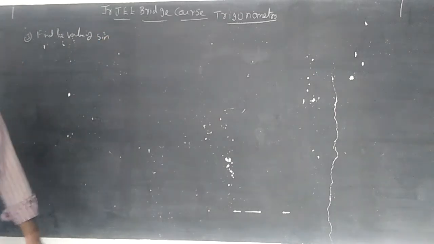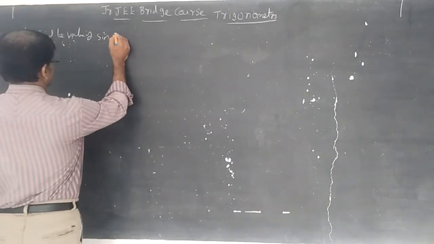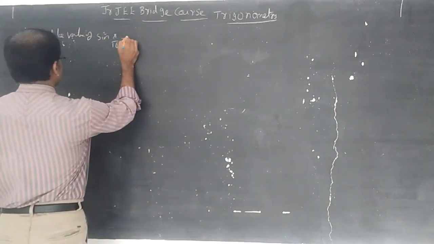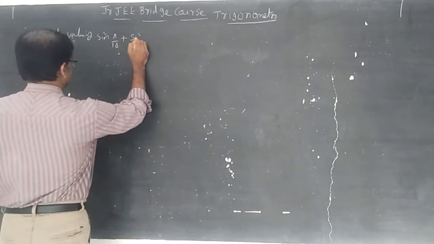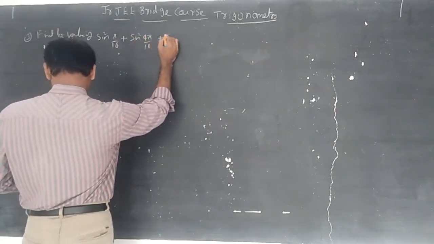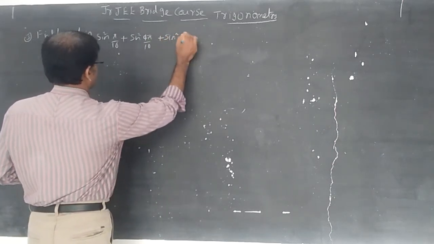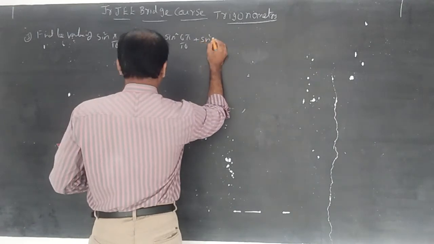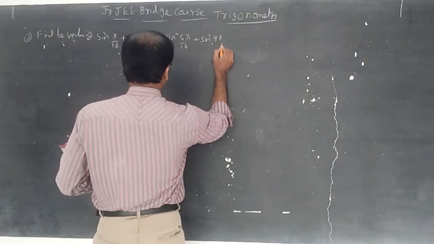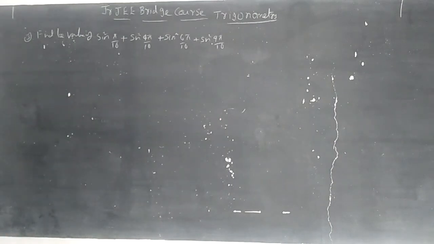Find the value of sin square pi by 10 plus sin square 4 pi by 10 plus sin square 6 pi by 10 plus sin square 9 pi by 10. You should calculate the value.